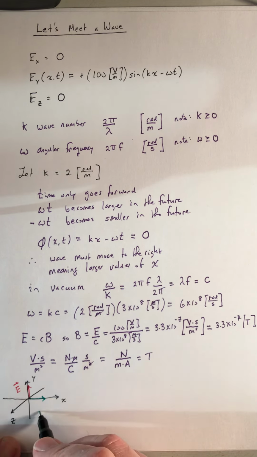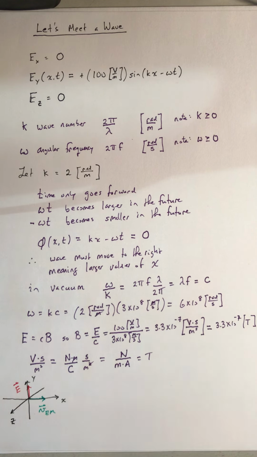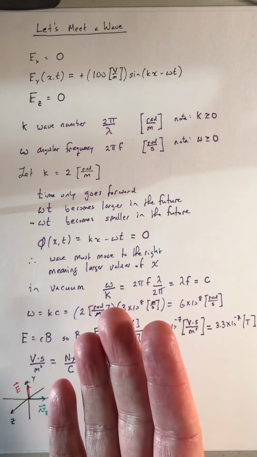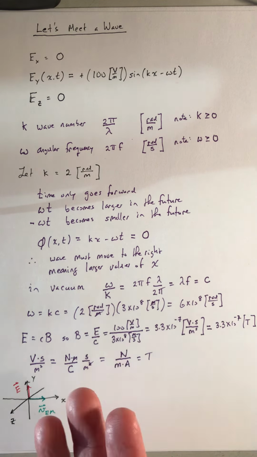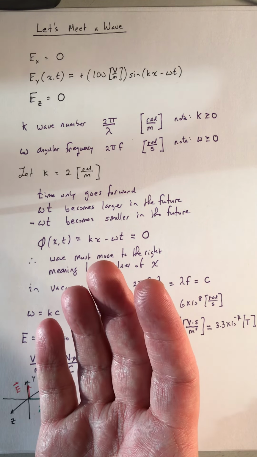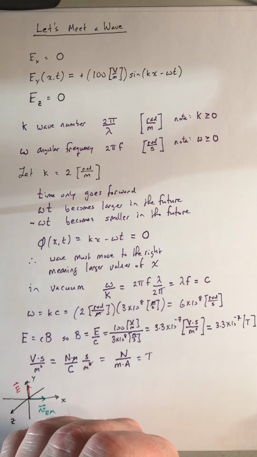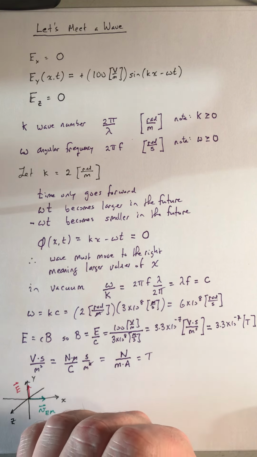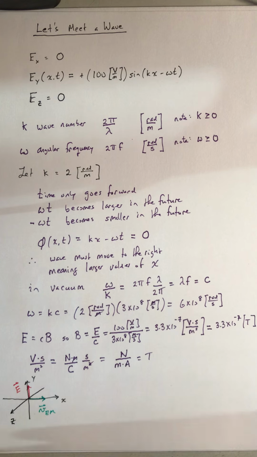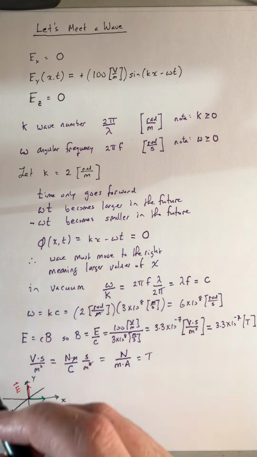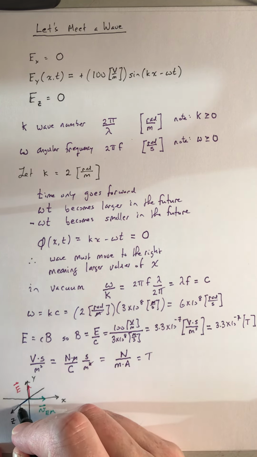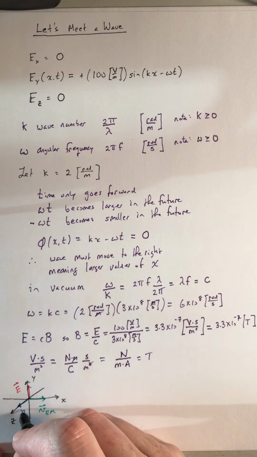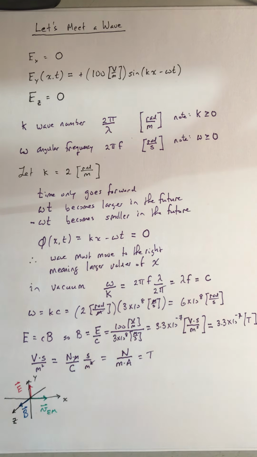So there's the velocity of this electromagnetic wave. Then we know that the direction of propagation is given by E cross B. So E along the y direction crossed into B along the z direction is going to give me a wave propagating along the x direction. So this has to be the direction of the magnetic field.